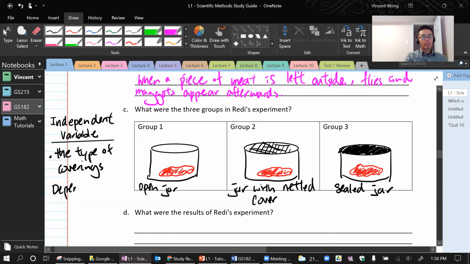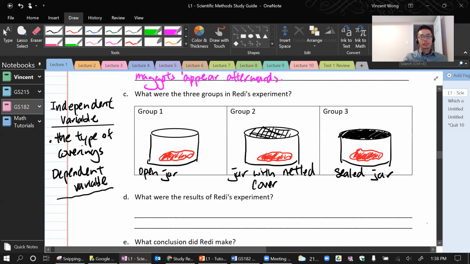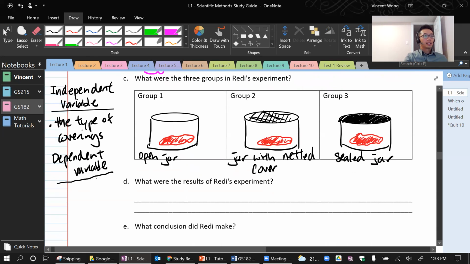What about the dependent variable? People say the meat is the dependent variable. Anyone else? Yeah, the presence of flies and maggots, right? The meat is not a variable actually. It's just sitting there. The dependent variable is whether there are flies or not.